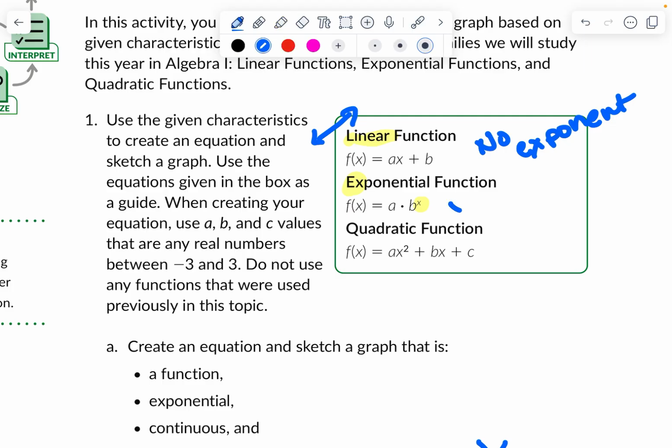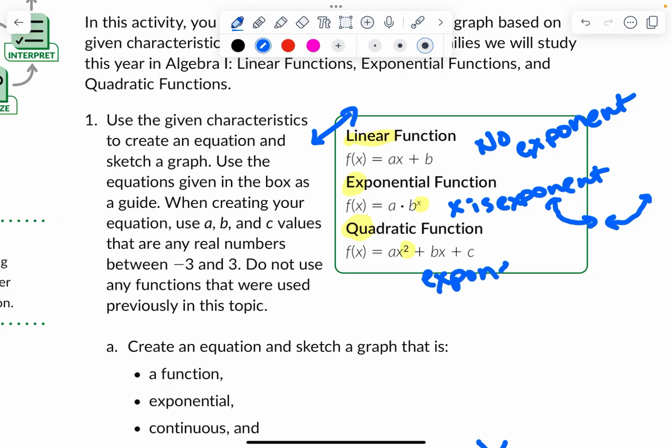So if you see x is your exponent, you know that you're going to have one of these smooth curves that's either decreasing or increasing all the way across the graph, okay? If you have a quadratic function, quadratic functions always have the exponent of 2, and they always have that U shape, okay? So your quadratic is going to have an exponent of 2.